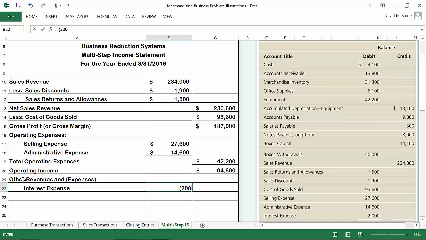Now, because it's an expense, they want you to put that here in parentheses because we will subtract that. So we have total other revenues and expenses, and that would be 2,000. And we'll put that in parentheses.